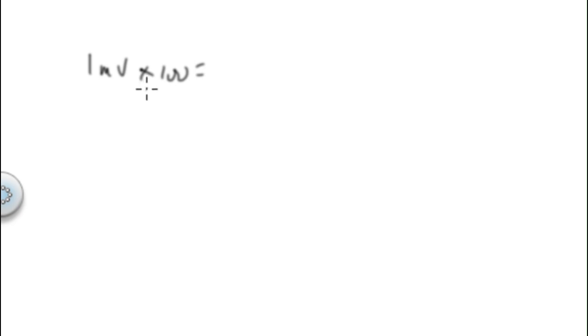Divided by, gotta get this right, Ted. V equals IR. V divided by R is equal to I. And R is 100.